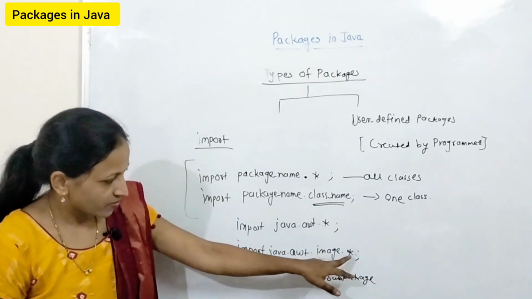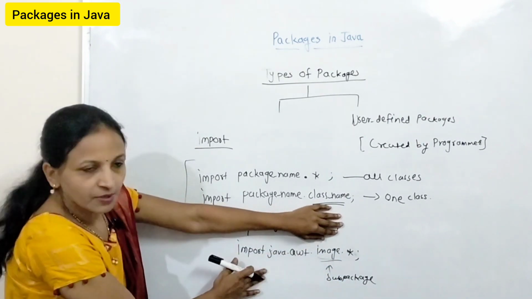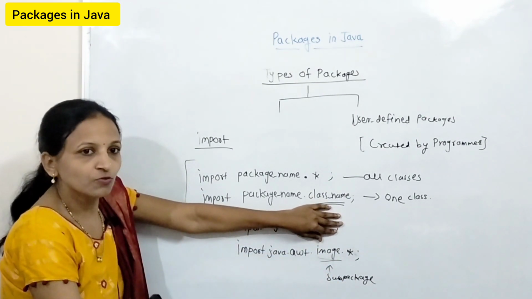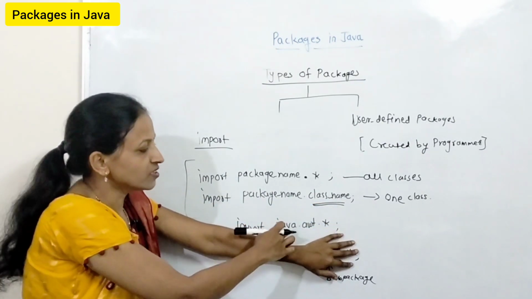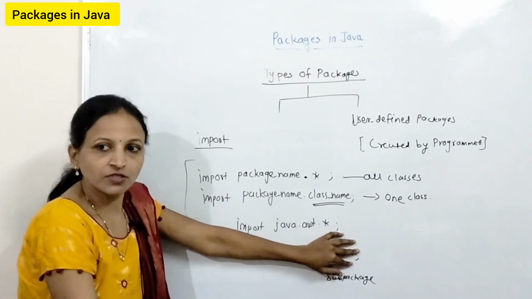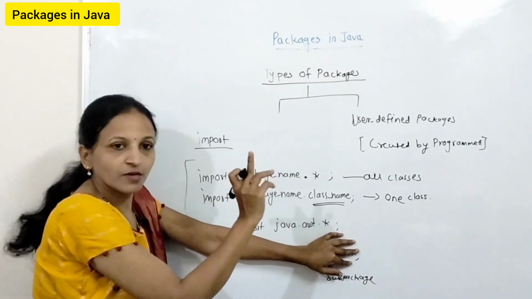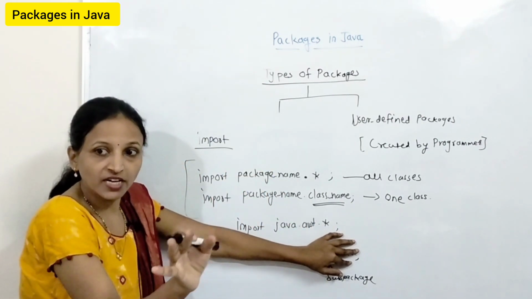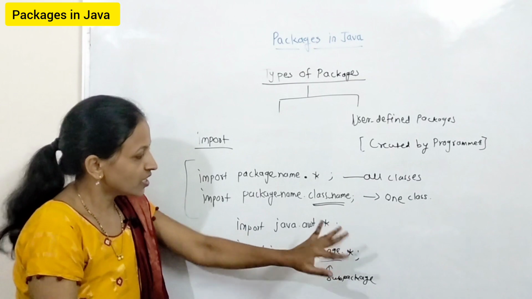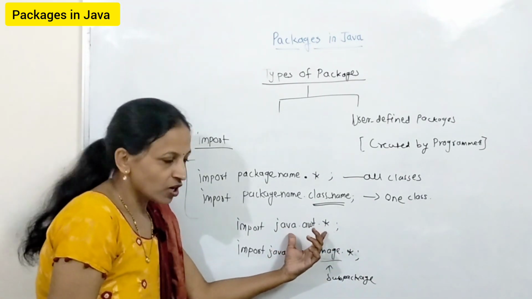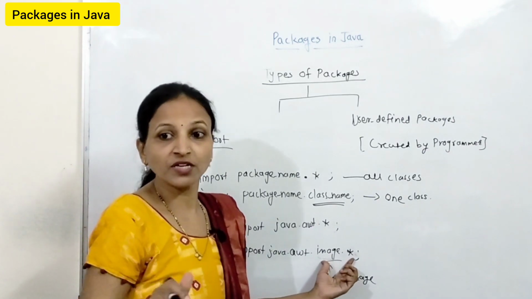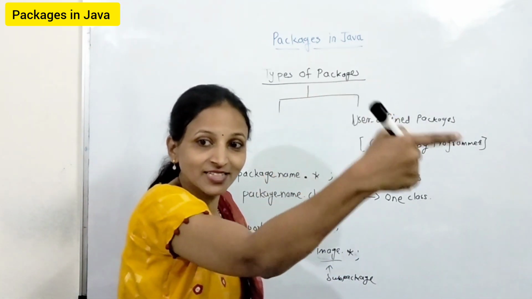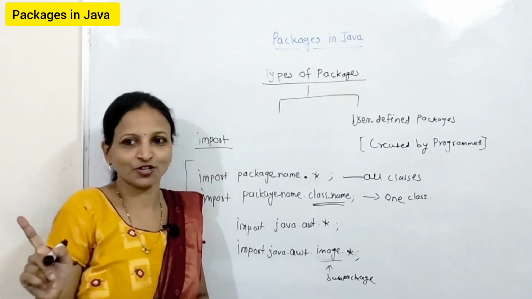And here, suppose you have written only this statement, then you can only use classes from this sub package. If you have written this statement, you can only use classes from java.awt, but not any internal sub packages. If you have written both, you can use all classes and whatever classes are present inside that image sub package. But if any other sub package is there, from that you cannot use.